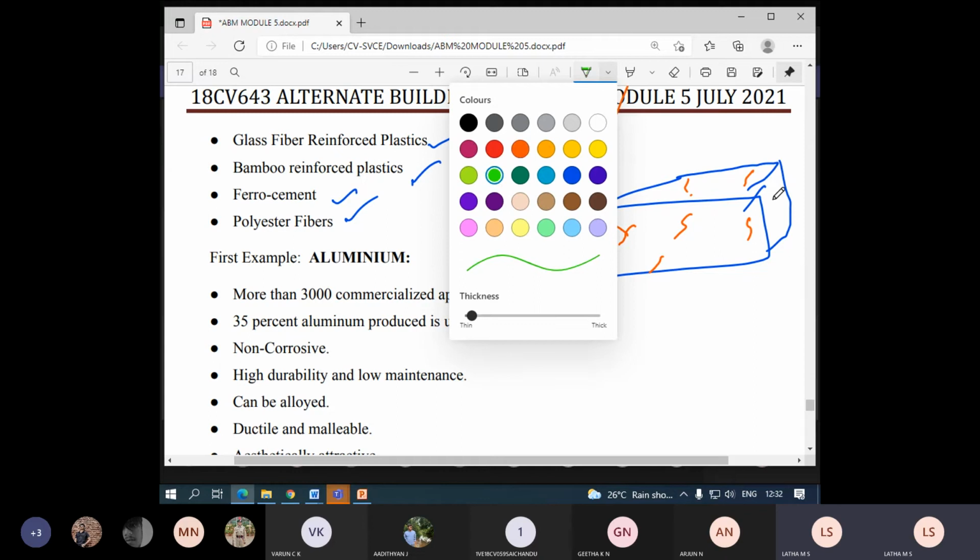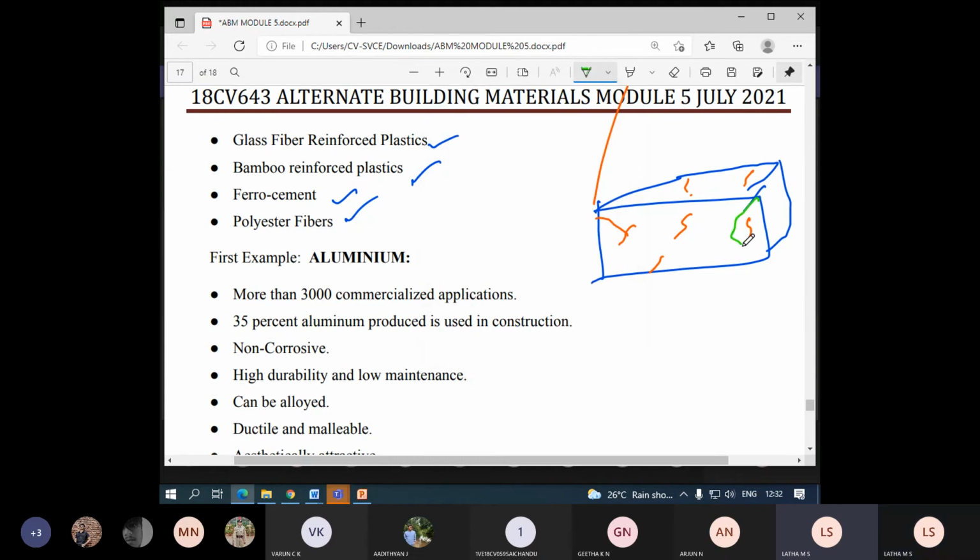If the brick is cracking in this way, right? And if the coir is seen in between, it will not allow the crack to propagate or continue. It will stop it. So that is the purpose of introducing it, and the strength will increase. It will add to the strength of the block. So such materials are available in the environment to use, to improve.